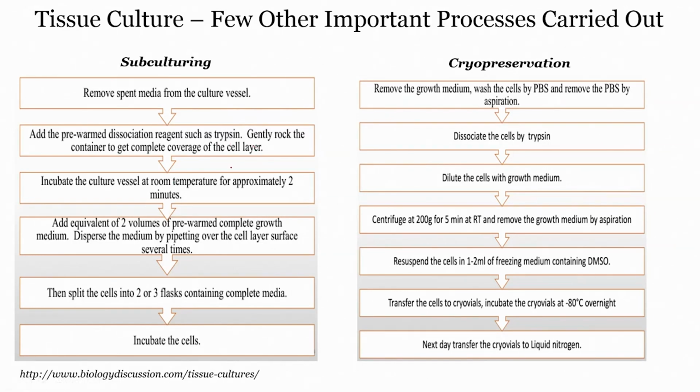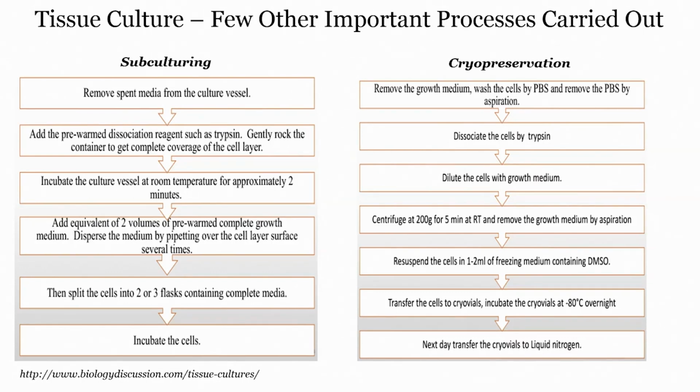Then you have to incubate the cell at room temperature for approximately 2 minutes, followed by adding equivalent 2 volumes of pre-warmed complete growth media, disperse the media by pipetting the cell over the cell layer, then split the cell into 2 to 3 flasks containing complete media, and then you have to incubate the cell. So, this is more of a subculturing process. You can see this in a YouTube video, just write subculturing and you will understand how it is done.